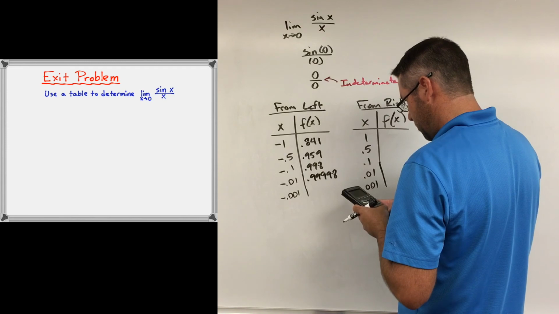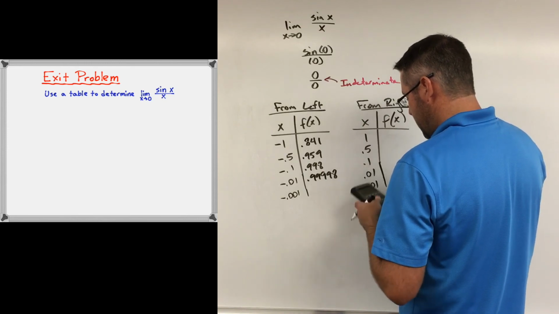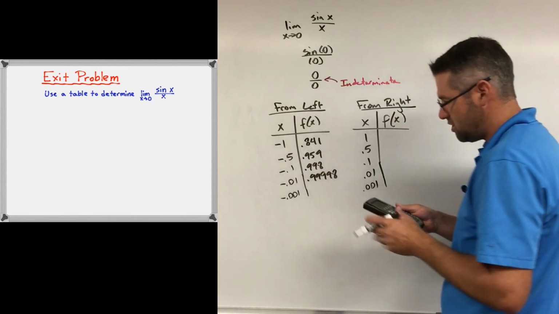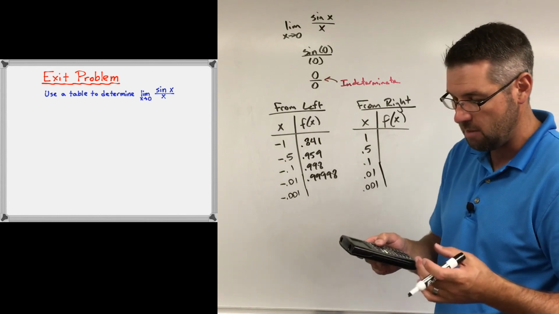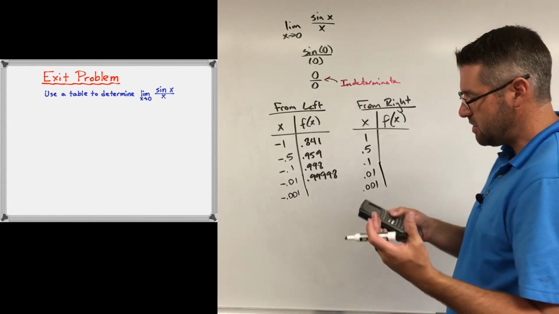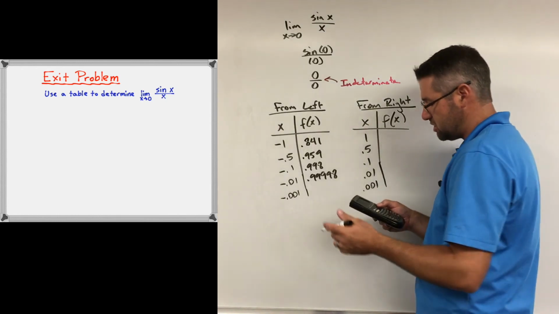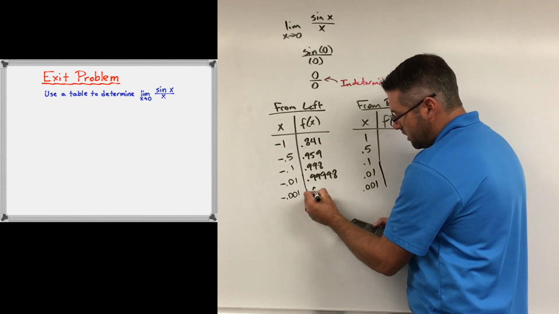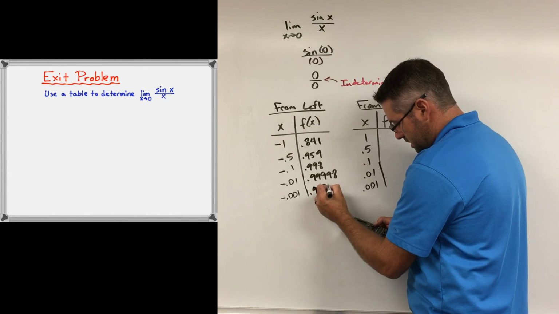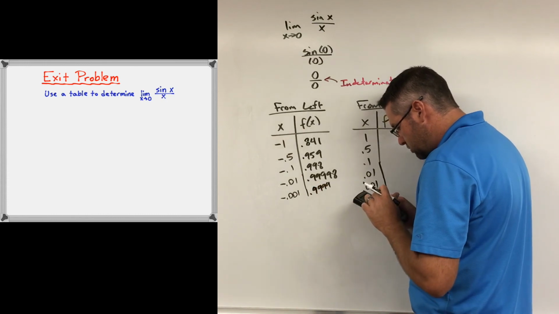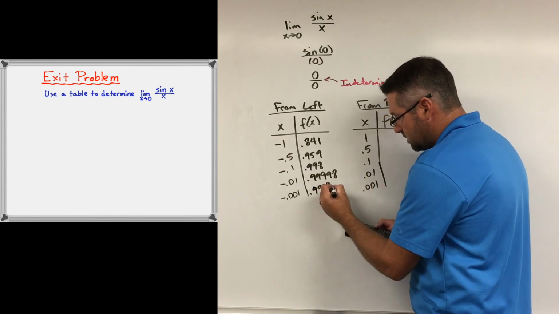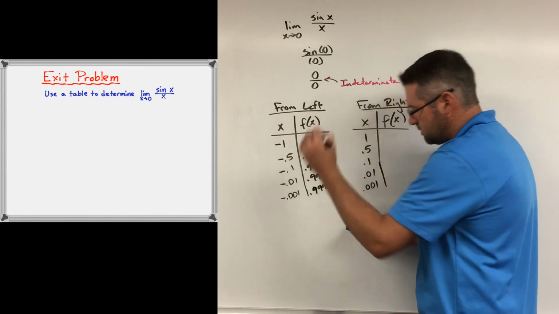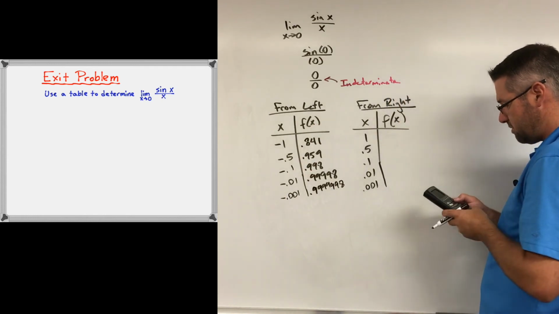And the last one, negative 0.001. Now, depending on how you look at this, your calculator just probably popped up the number 1. That's because it didn't want to show all the digits. But if you actually scroll over to where it says 1, it shows you more accurately what it is. 0.9999, a lot of nines. 1, 2, 3, 4, 5, 6 nines. Why not? Okay.